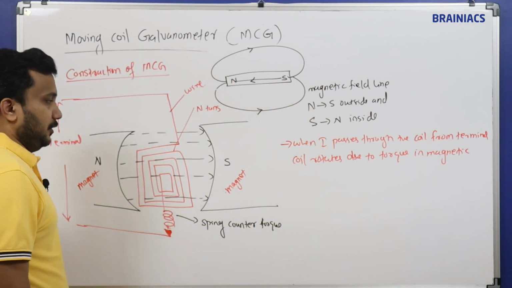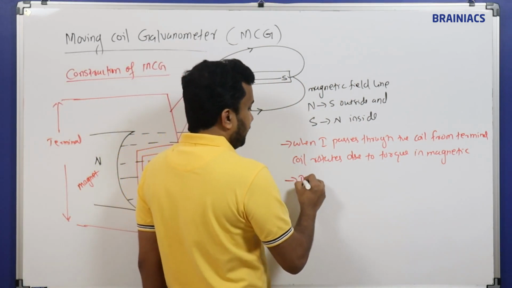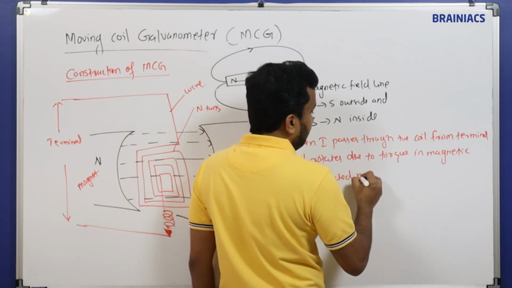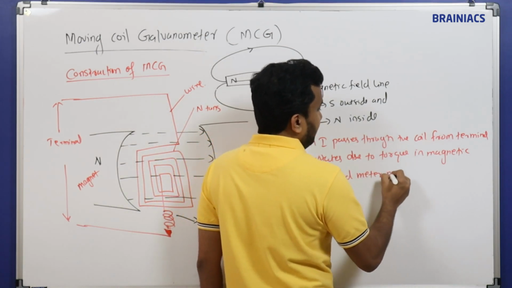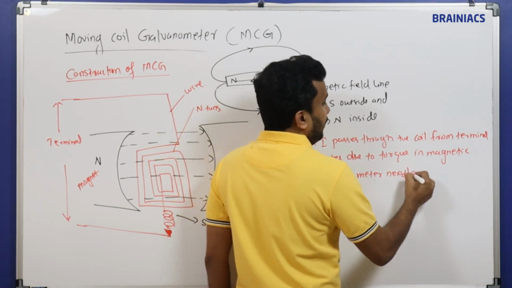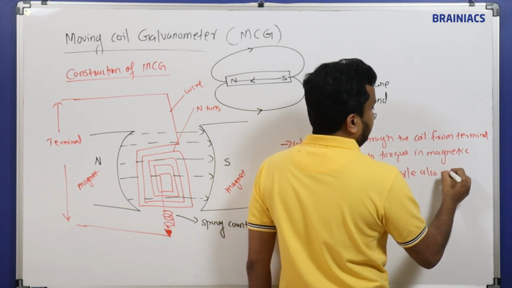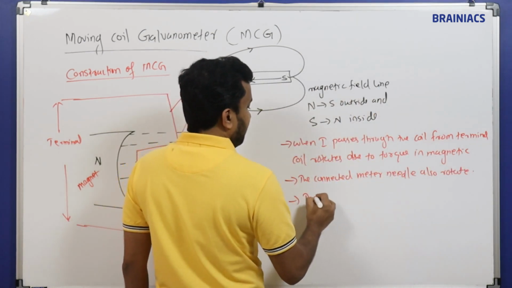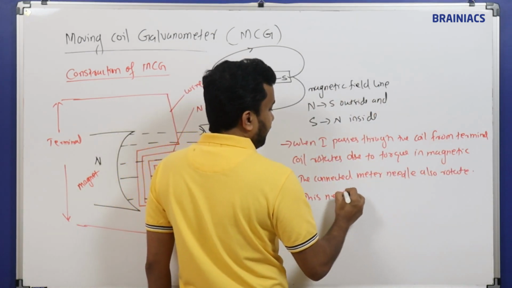So the connected meter needle also rotates, and this needle gives the measurement of current.